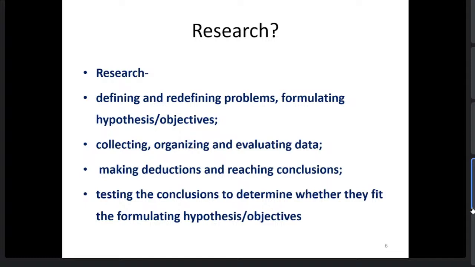After exploring the data, we make some decisions to reach conclusions. After the conclusion, we test the conclusions and reach a final hypothesis, whether it matches the hypothesis, or whether there is any gap between the exploration and the existing hypothesis. Now, Oshooja, move to the next slide.